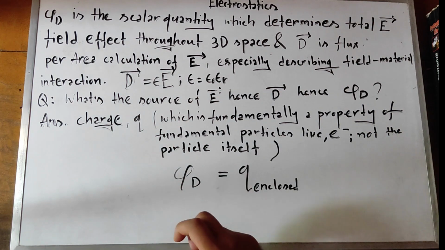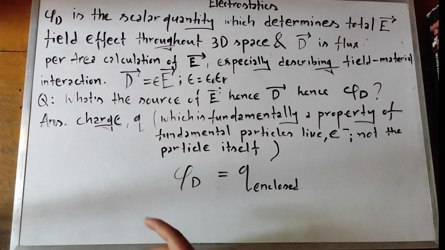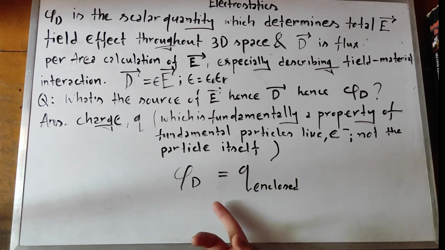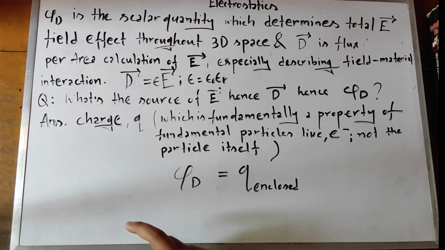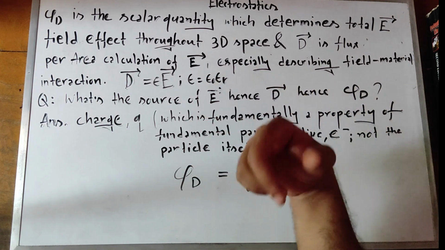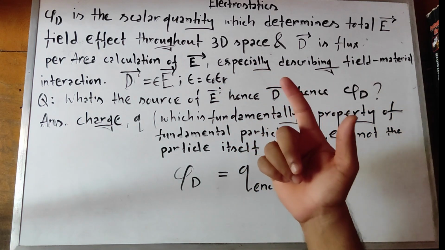Especially when we talk about electromagnetic fields, we talk about charge, and there's also spin. Charge and spin are two fundamental properties which determine how a particle interacts with the electromagnetic field especially.